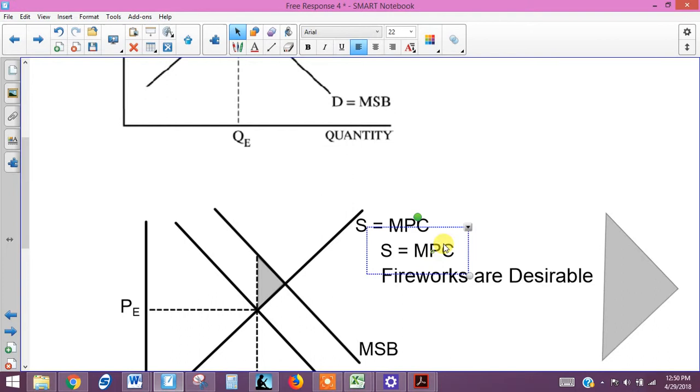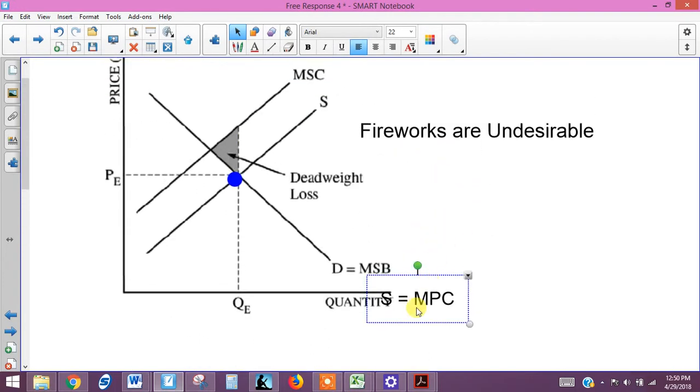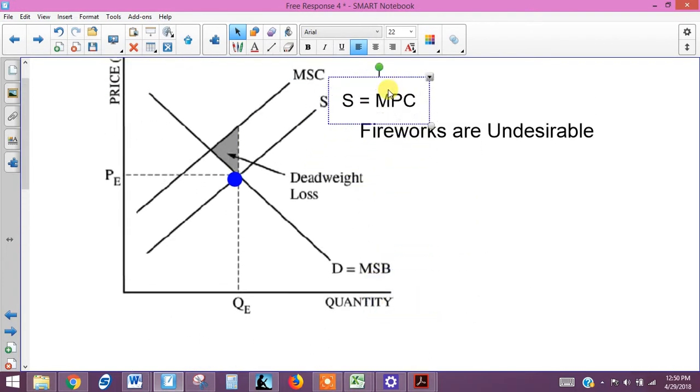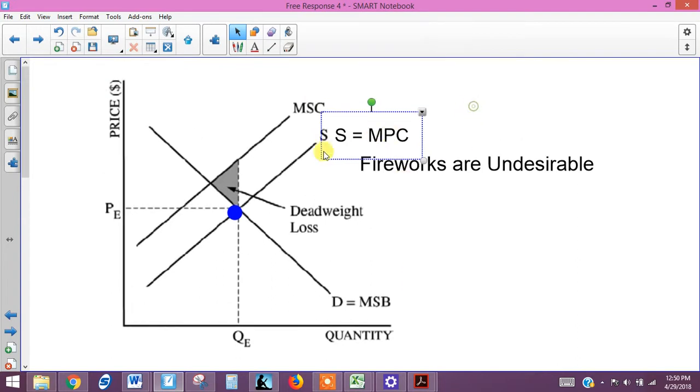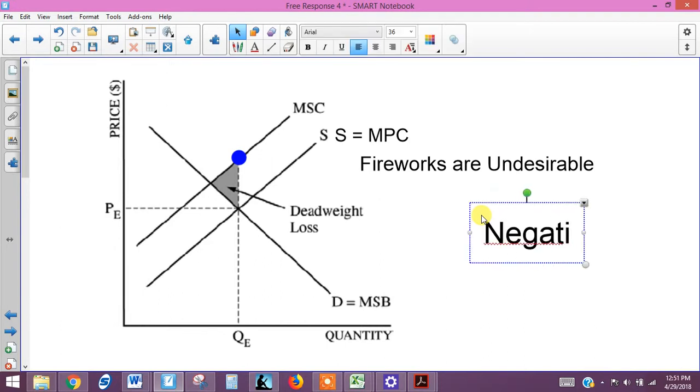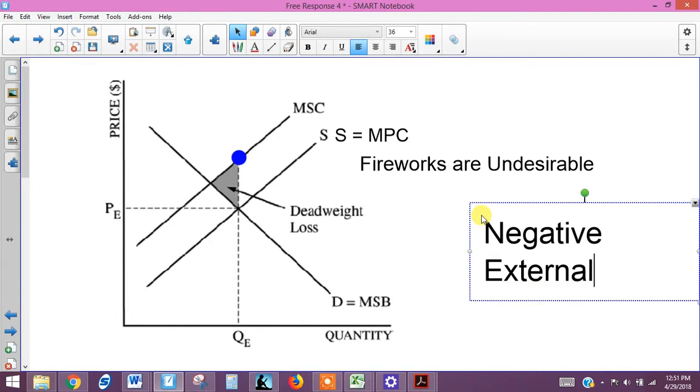So the actual supply in the market is the marginal private cost, but because we have this negative externality, and I should write that in here. So let me just do that. Negative externality, if I can spell it, externality.